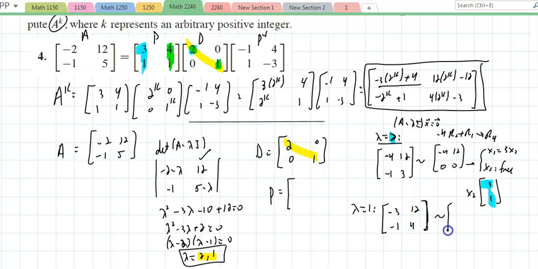If I work this out, multiply by negative 3, that's negative 3 and a 12 and a 0, 0, right? And that means x2 is free, and x1 is 4x2, so I will get x2 times 1 and 4, and you notice there it is. And that's why eigenvalues and eigenvectors are so important.